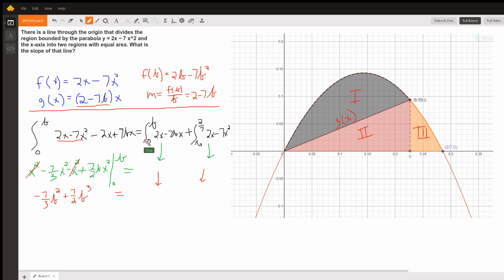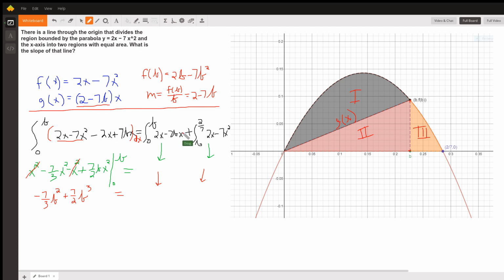That has to equal the, and by the way, I left out the dx's here to condense it. The area of region 2 is the area from 0 to b under g of x, but g of x is 2x minus 7bx.